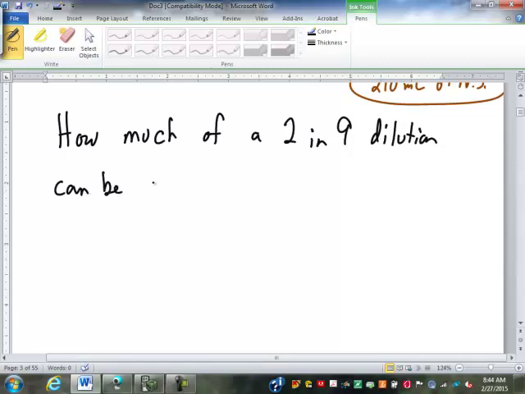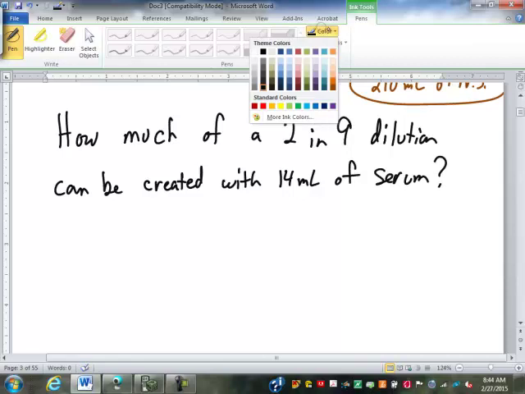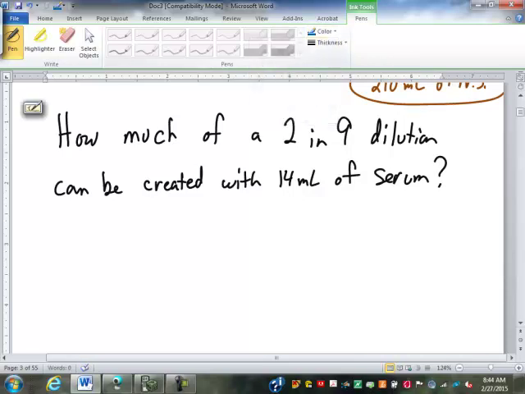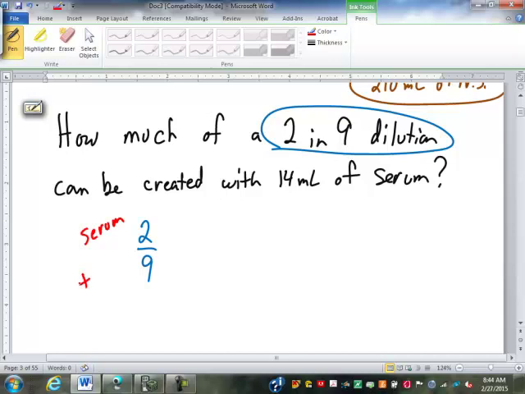So for the next example, how much of a 2-in-9 dilution can be created with 14 milliliters of serum? Well, you should be seeing a pattern. We're always going to start out, of course, with the dilution, the 2-in-9. And I like to always label them. The 2 represents the serum and the 9 total solution.